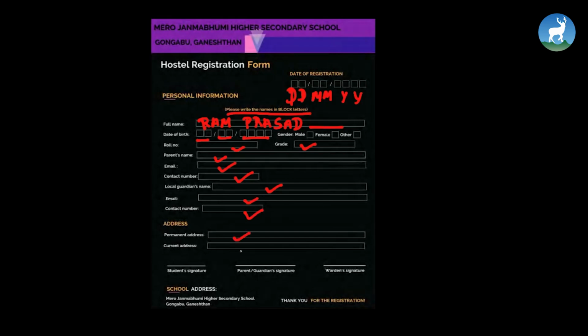Your permanent address, if you do not live in your permanent address, then your current address where you live, which can be different from the permanent address. Then obviously your signature, your parents and guardian signatures, and your warden's signature. If you are living in a hostel, then you would have to ask your hostel warden for his or her signature. That's how we fill up a form.